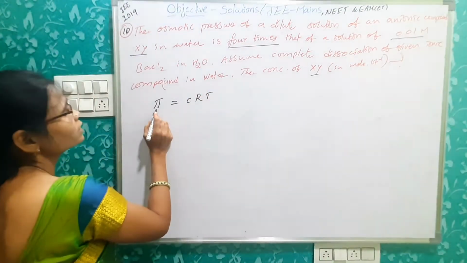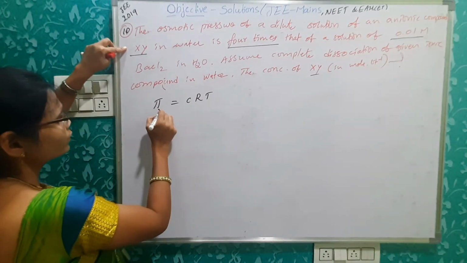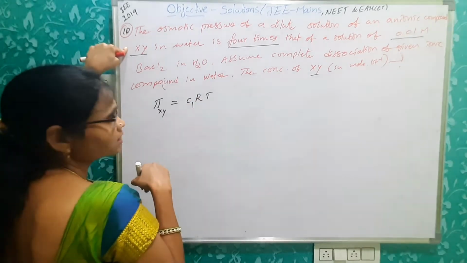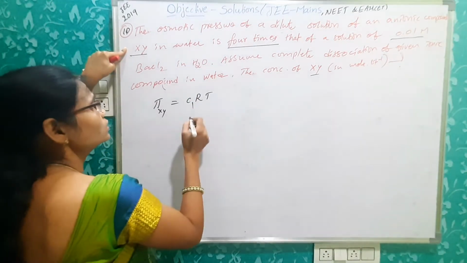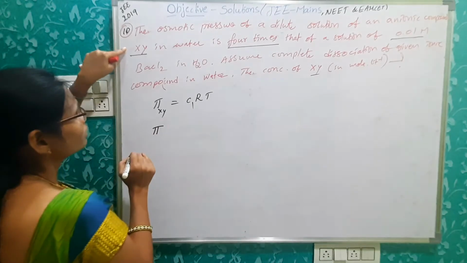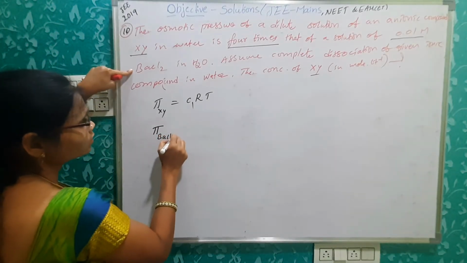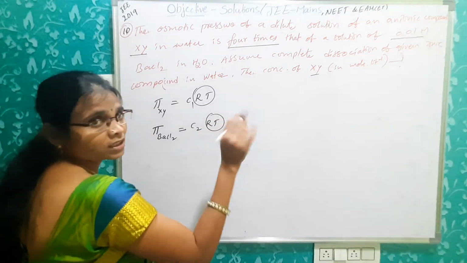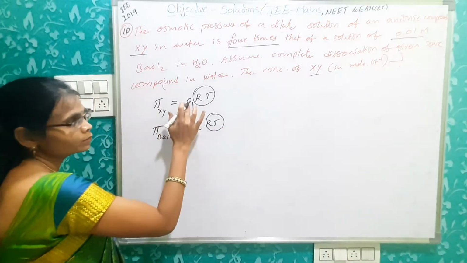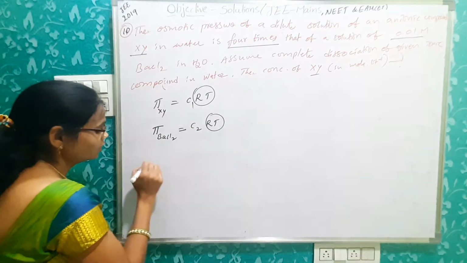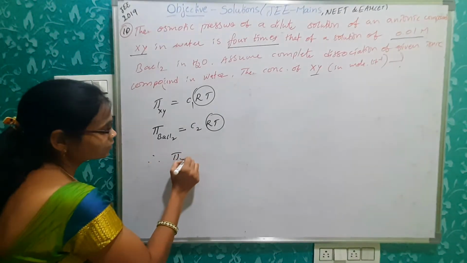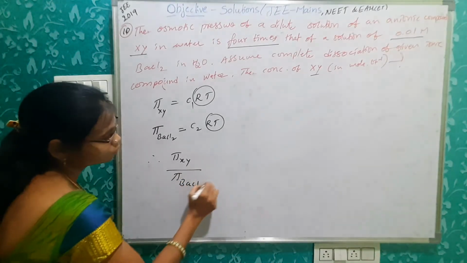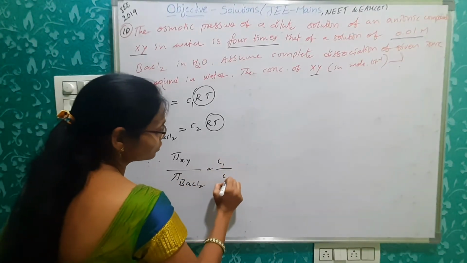So this is the osmotic pressure for the ionic compound XY, with concentration C1. Then the osmotic pressure for the barium chloride solution, concentration C2, RT. Simply, the RT values are ignored when comparing both osmotic pressures and concentrations. Therefore, pi XY by pi BaCl2 is equal to C1 by C2.